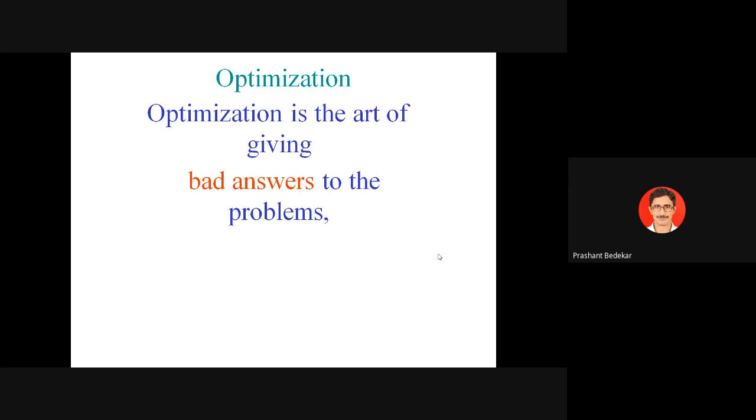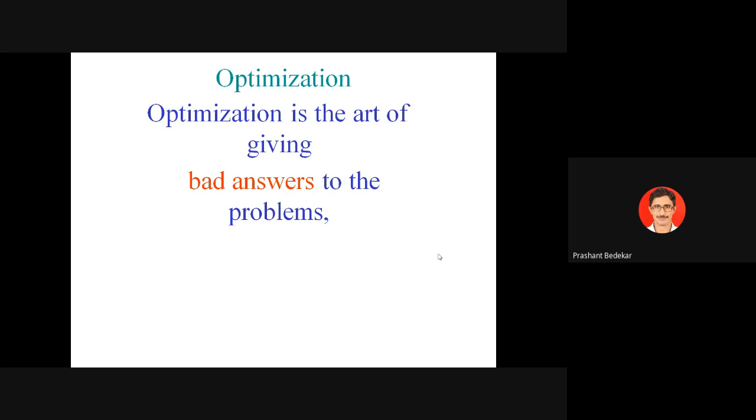One can think, why then have the organizers organized an STTP on optimization, and why have we joined this STTP if it is an art of giving bad answers to the problems? But as I said, this is a funny definition just to create interest in optimization.